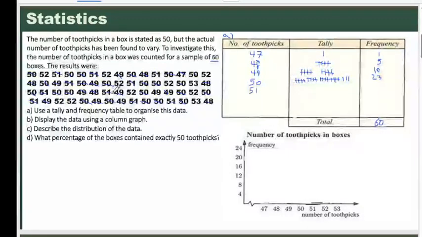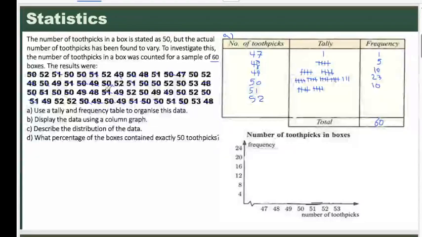Here, aha, 10. That's fine. So two groups of 5, that's 10.